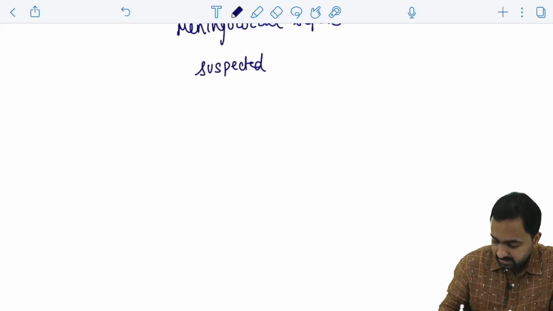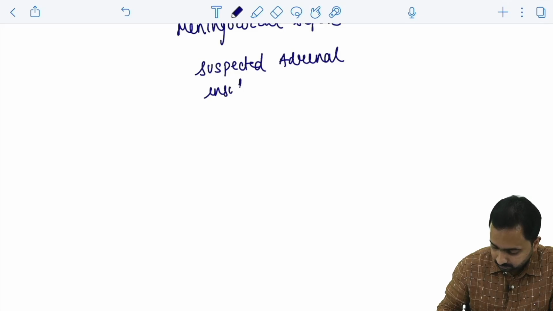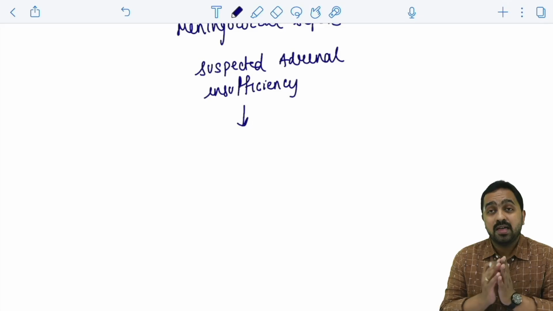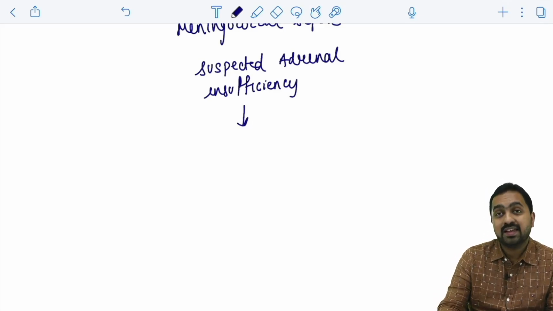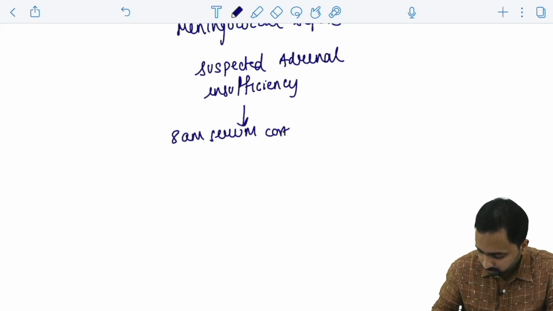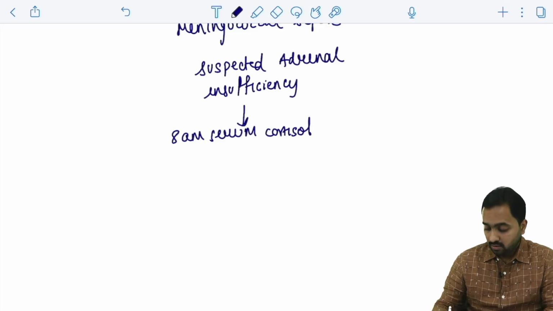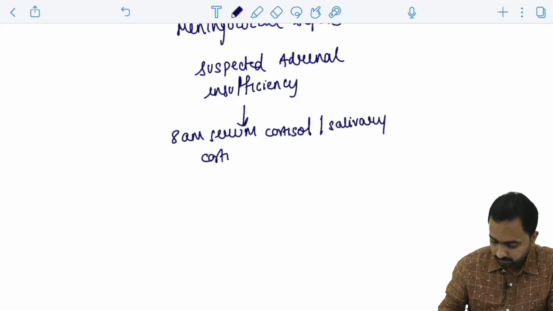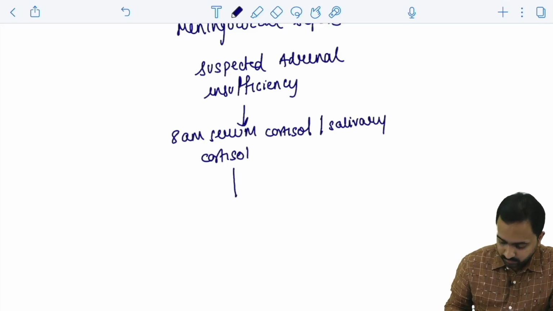If you have a suspected adrenal insufficiency, first, what you need to do is measure the 8 a.m. serum cortisol levels or salivary cortisol. Now we check the values.